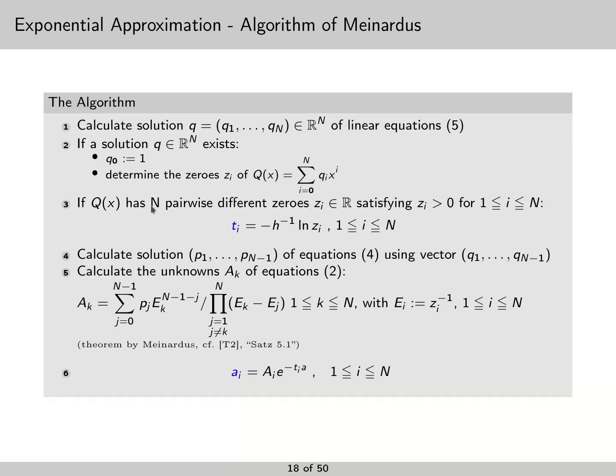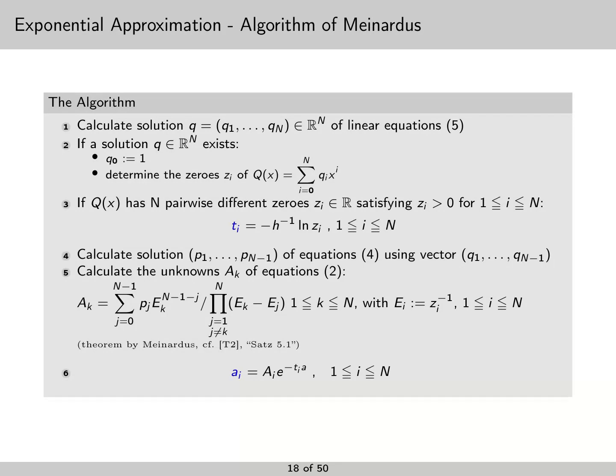If q has n pairwise different real zeros c_i greater than 0, this formula gives us the coefficients t_i. Otherwise, the algorithm terminates with failure. Solve equations 4 with the values for q_i plugged in. This yields the coefficients p_i.